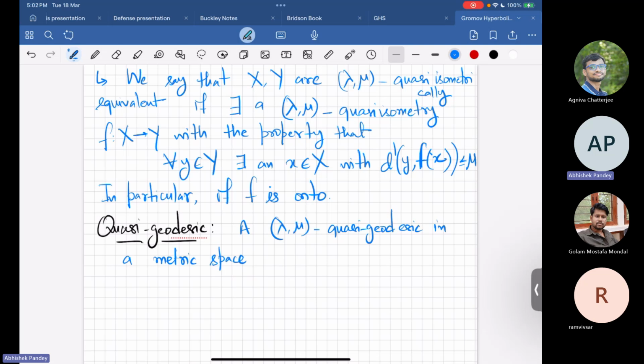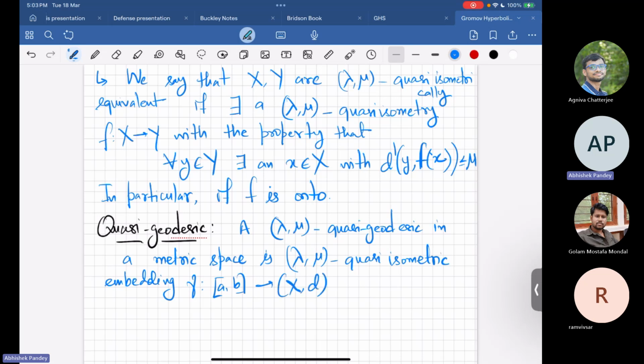Okay, so a (lambda, mu) quasi-geodesic in a metric space is nothing but a (lambda, mu) quasi-isometric embedding gamma from [a, b] to (X, d).